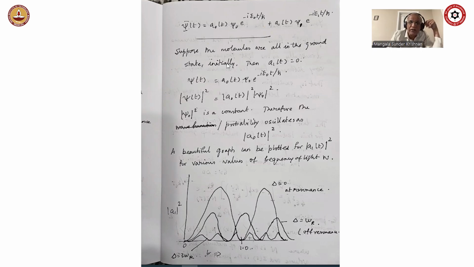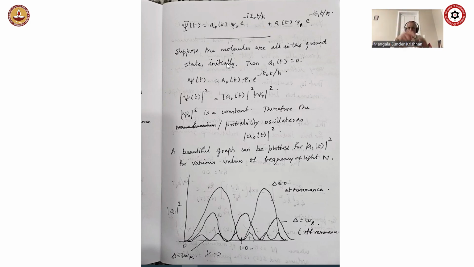See that. If delta is far away, 3 times omega, then you can see that. So the physics is very clear, and the chemistry is also very clear: if the frequency of radiation is exactly the same as the gap, omega equal to omega naught, then the system oscillates hugely, 0 to 1, 1 to 0, 0 to 1, 1 to 0, keeps oscillating.